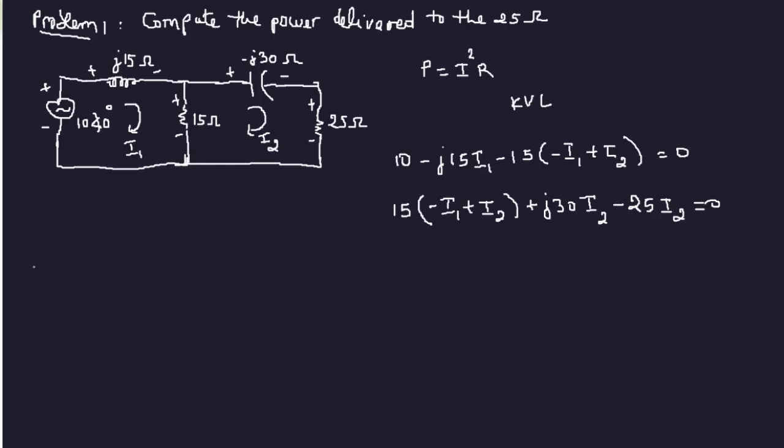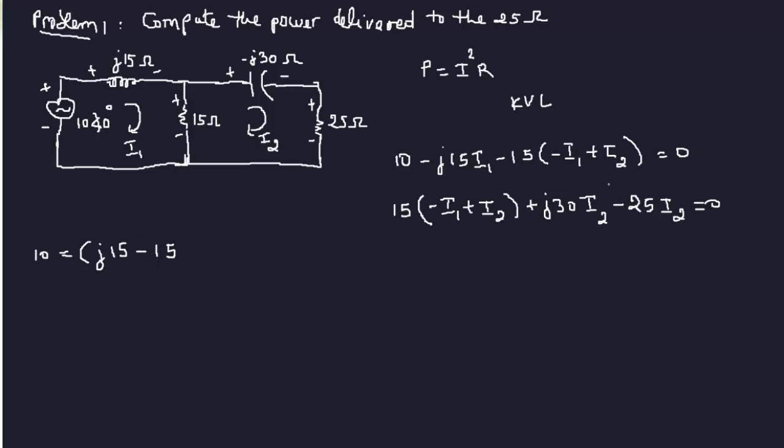So on top, we have two I1s. So we have 10 is equal to J15 and 15 I1, so J15 here, and wait, yes, minus 15. I think, right?